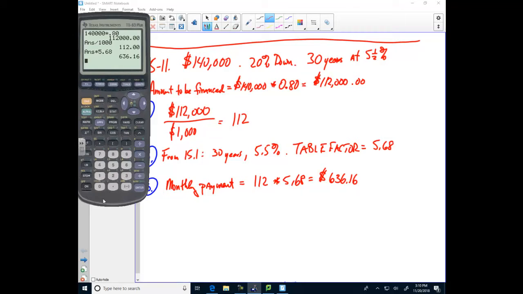Now, that's the monthly payment, and it wants to know what's the total interest cost of the loan. Well, first we can find the total paid on the loan. To do this, per month times 30 years times 12 months in a year.